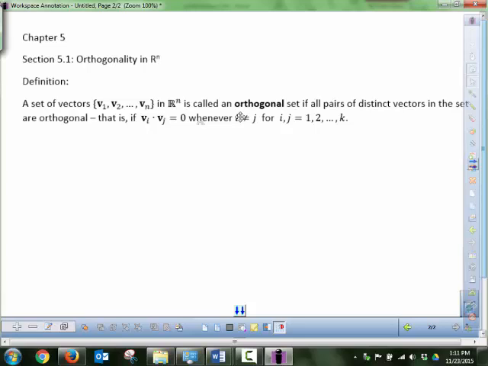So if you take the dot product of any of those vectors, and you have to take the dot product of all of them, you'll get orthogonal vectors.